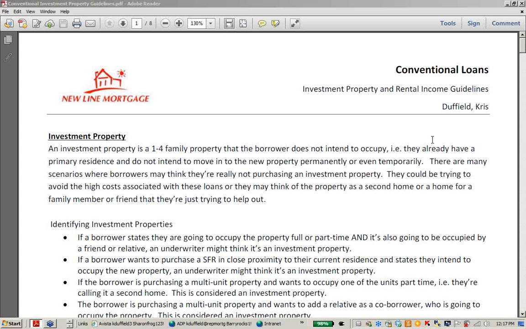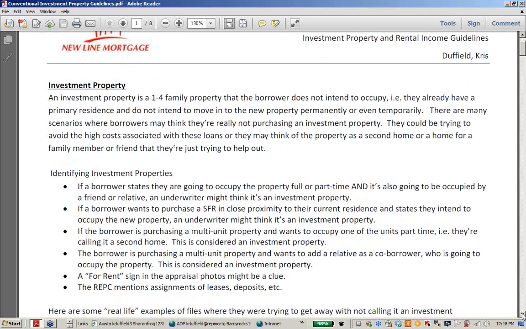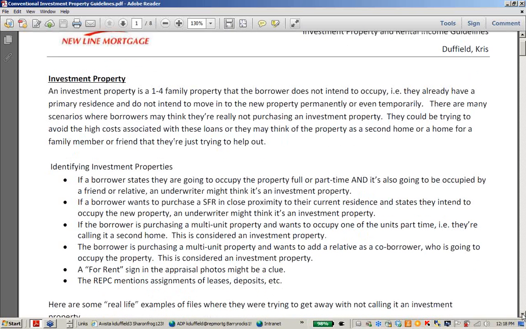They could be trying to avoid the high costs associated with these loans, or they may think of the property as a second home or a home for a family member or a friend that they're just trying to help out. So I've got some bullet points here of things that you should be looking for, and definitely things that an underwriter will look for when identifying a property that's been submitted to them not as an investment property.